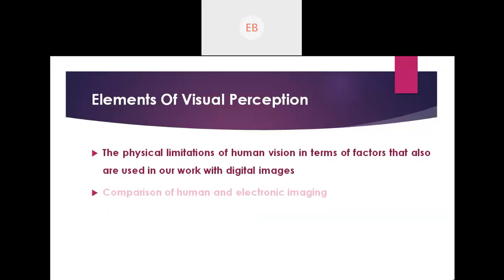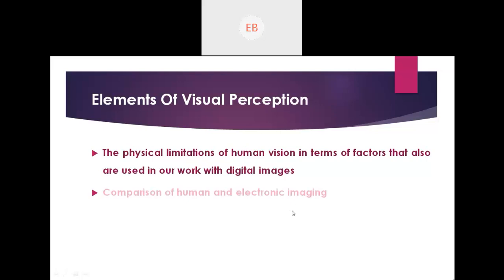So then again, we have some physical limitations of human vision, in terms of factors that are also used in the work of digital images. We are only interested in learning the physical limitations of human vision, in the form of factors that will be used in the work of digital images.